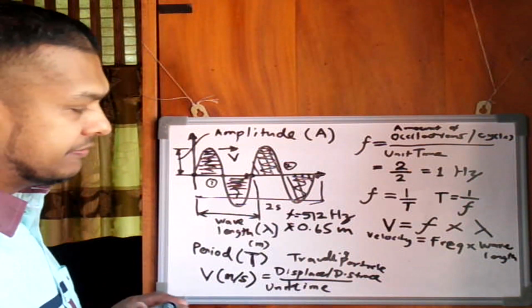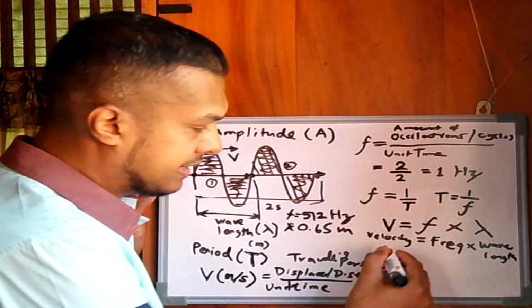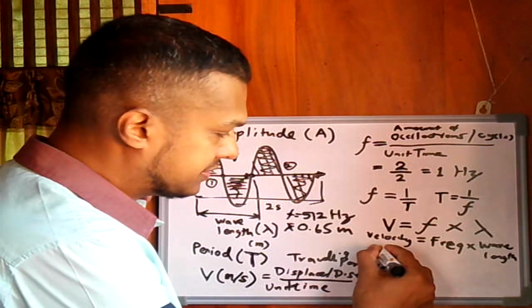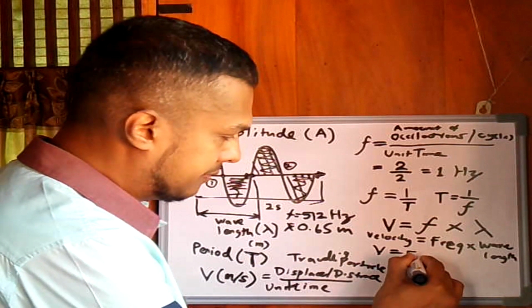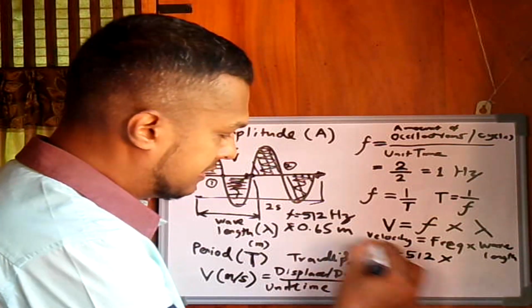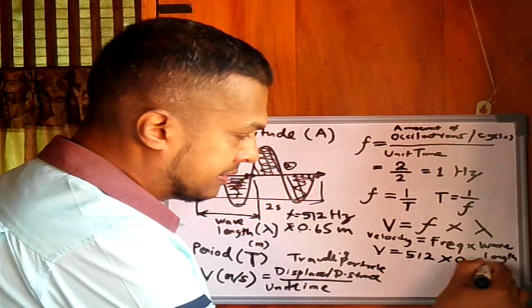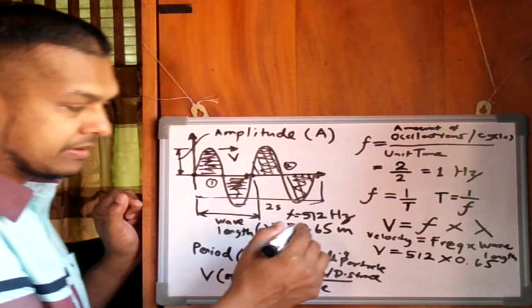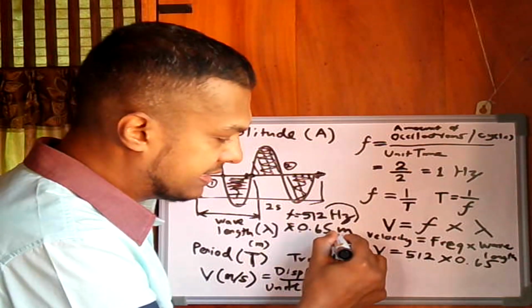So given a problem like this, we can calculate the velocity of the wave as frequency, which is 512, times the wavelength, 0.65. But it's important to know these units are correct. These are the SI units.